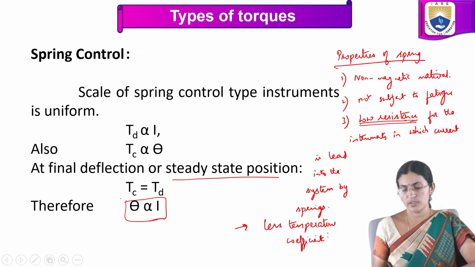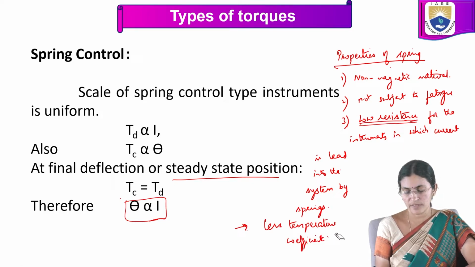That means according to the variation of the temperature, its resistance should not vary largely. Therefore we use springs made up of phosphor bronze or bronze alloys.